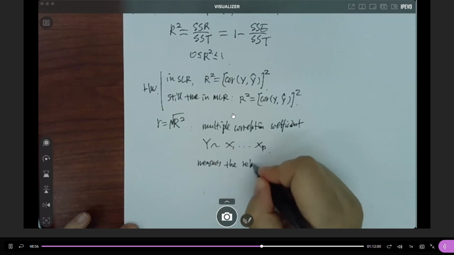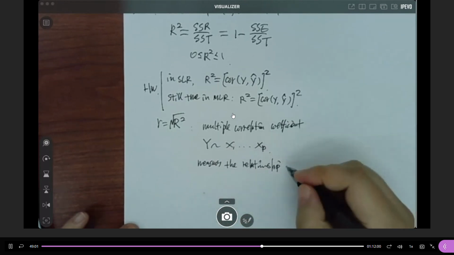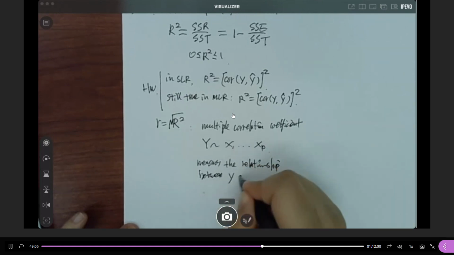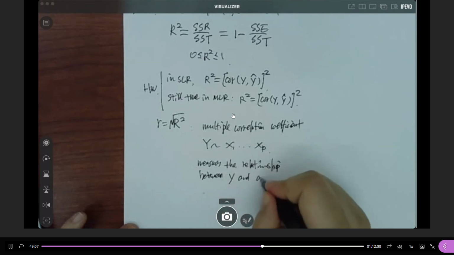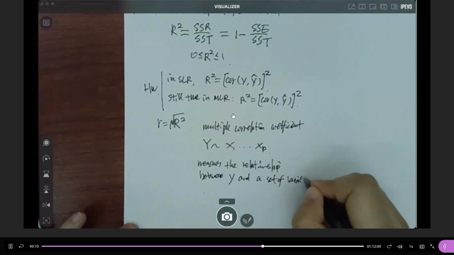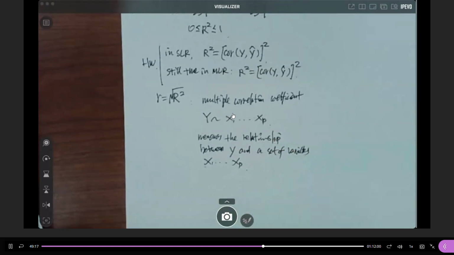It measures the relationship between Y and a set of predictor variables all the way from 1 to p.